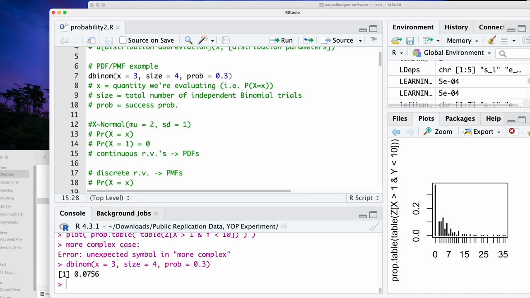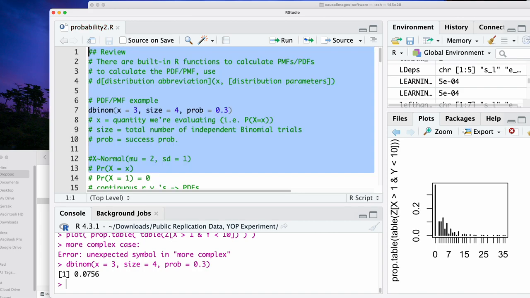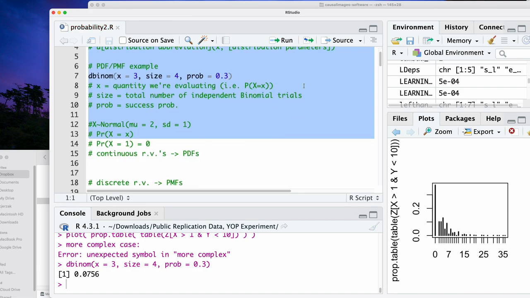Now it's a density. We've shifted from mass to density, and this captures the fact that the probability of x equaling any specific value is equal to 0 within the context of continuous random variables.